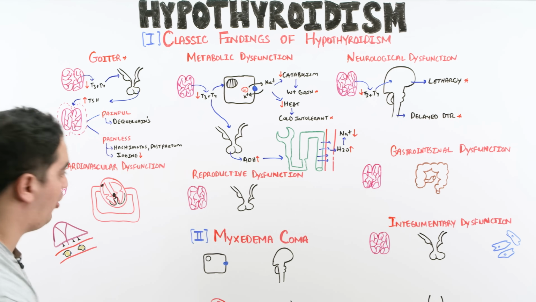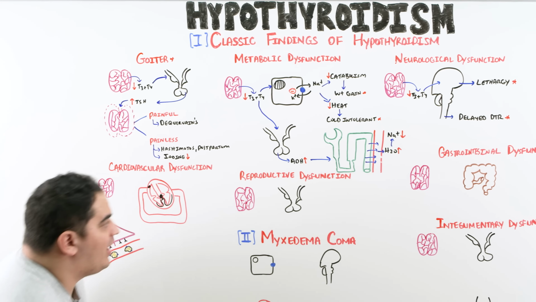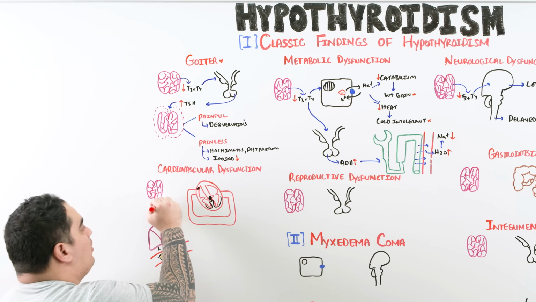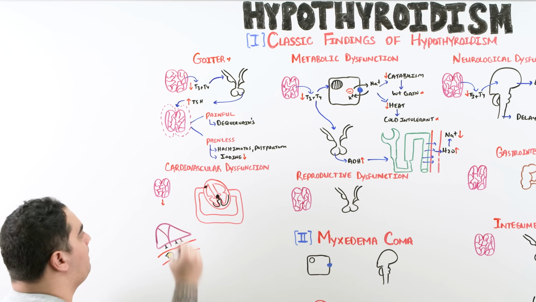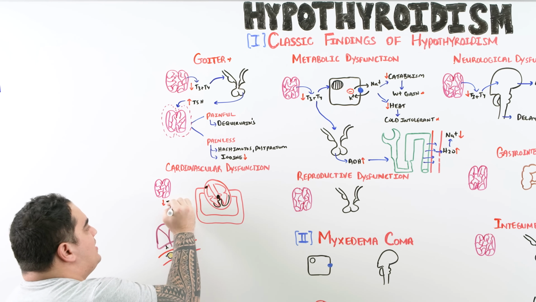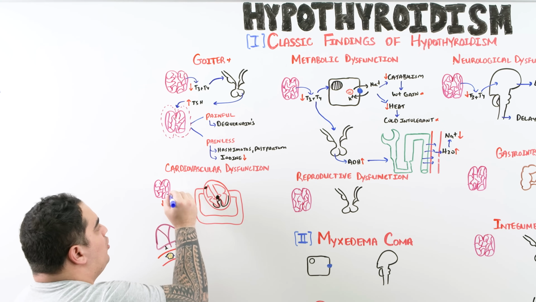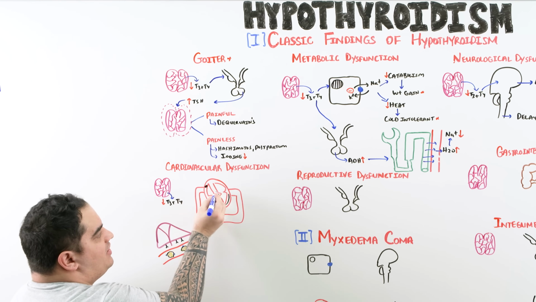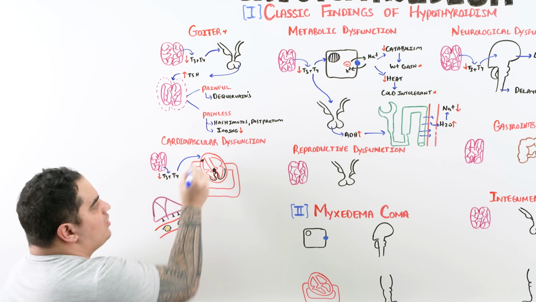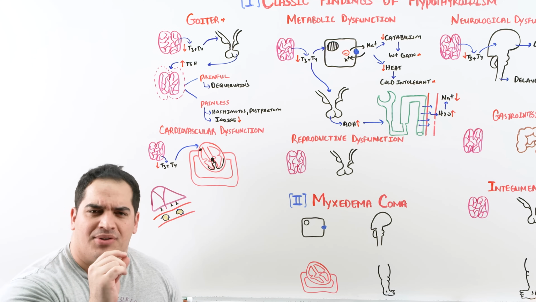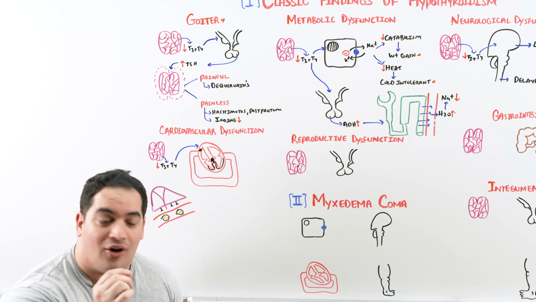Next dysfunction here is the cardiovascular system. The thyroid hormone has a very profound effect on your cardiovascular system. Whenever there's inadequate amounts of T3 and T4, one of the big things is that it works on the beta-1 receptors. You know there's beta-1 receptors present on the myocardium of your heart?